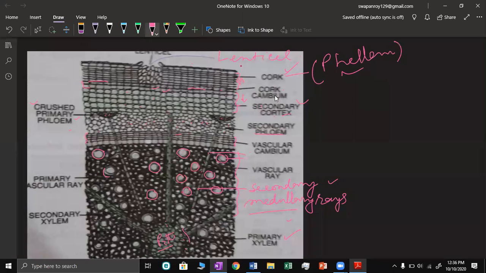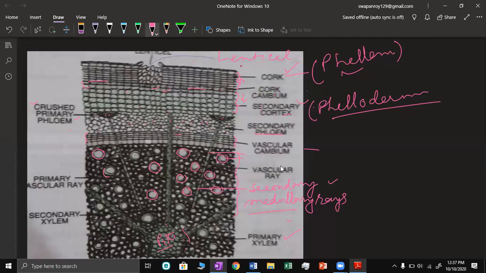Then cork cambium, phellogen. Then comes the secondary cortex, that is the phelloderm. After that, we are getting primary phloem, then the secondary phloem, then vascular cambium.